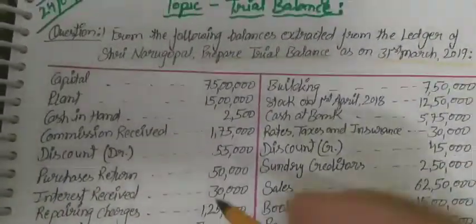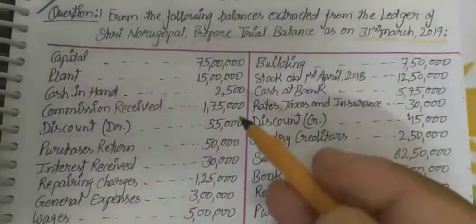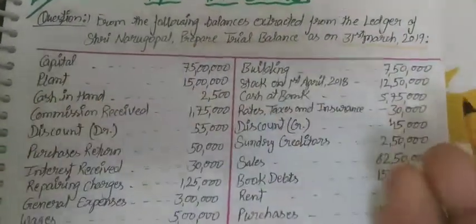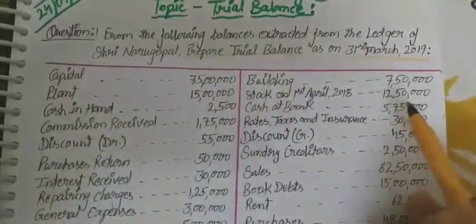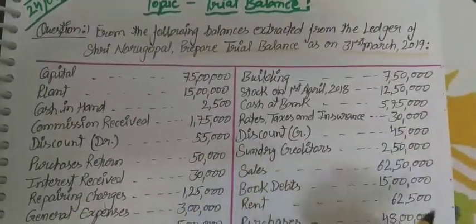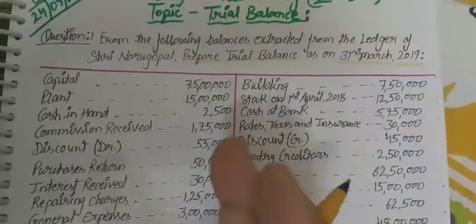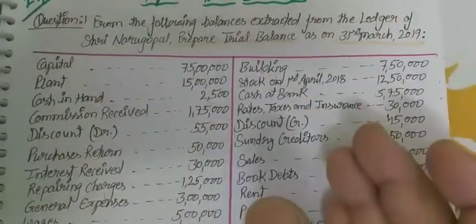We can see the different accounts and their balances on the left side as well as the right side. It doesn't mean the left side is the debit side and the right side is the credit side. All the transactions are mixed up; some are written on the left side and some on the right side.